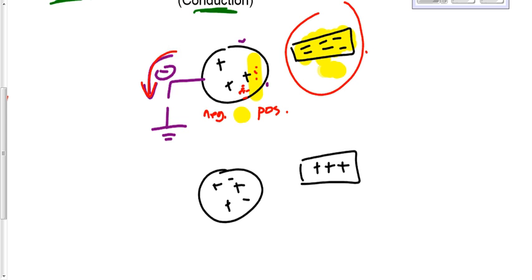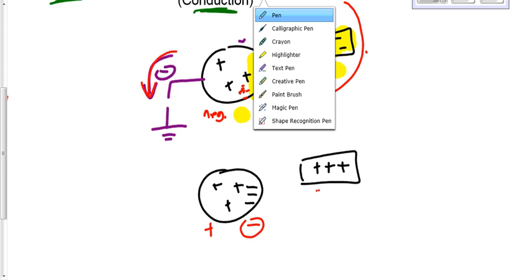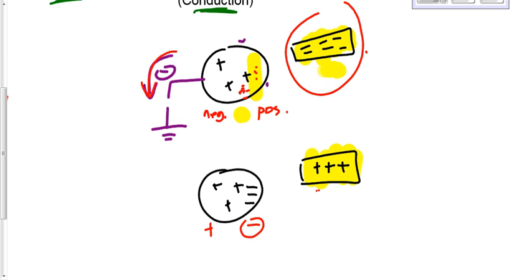Well, these guys are going to get attracted now. So once again, we have a separation of charge. The left side is positive, and the right side is negative. Notice the right side negative is opposite to the thing that's doing the charging. Opposite to this thing. That's why charged object, positive, attracts neutral object, right?